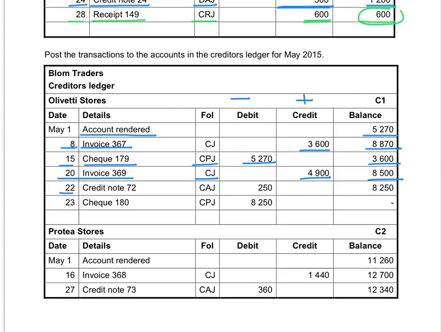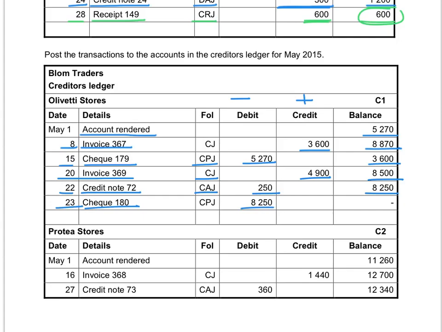On the 22nd, goods were returned and a credit note was received that will decrease the account with 250 Rand from 8,500 to 8,250. And on the 23rd, a check was issued to settle the full account of 8,250.